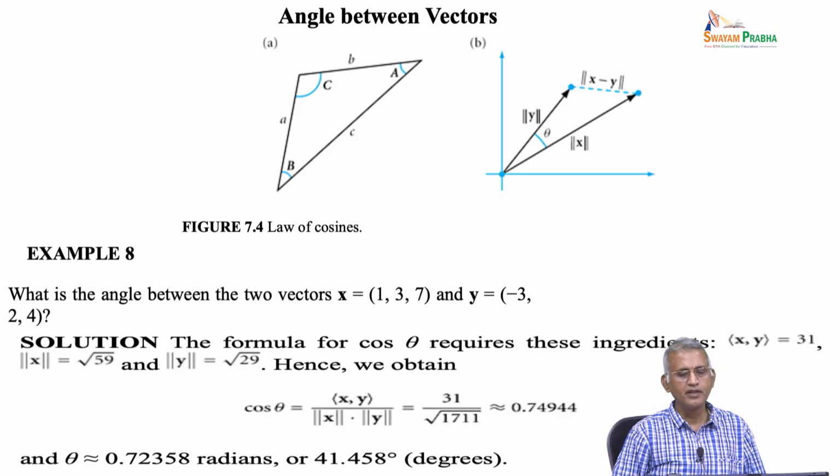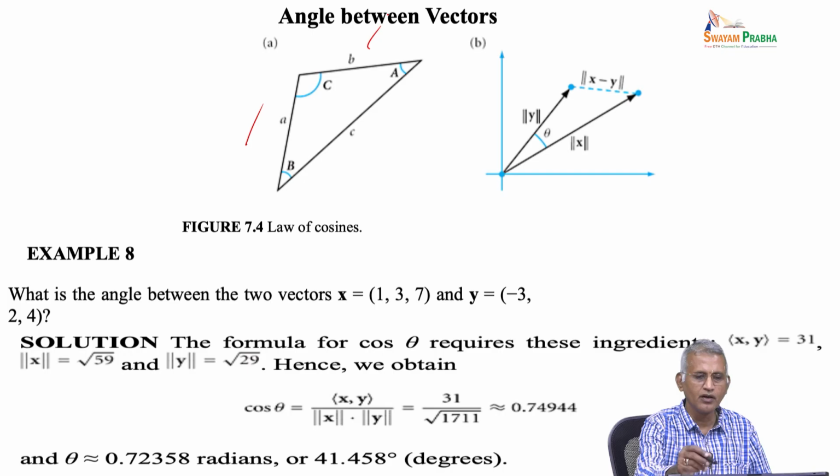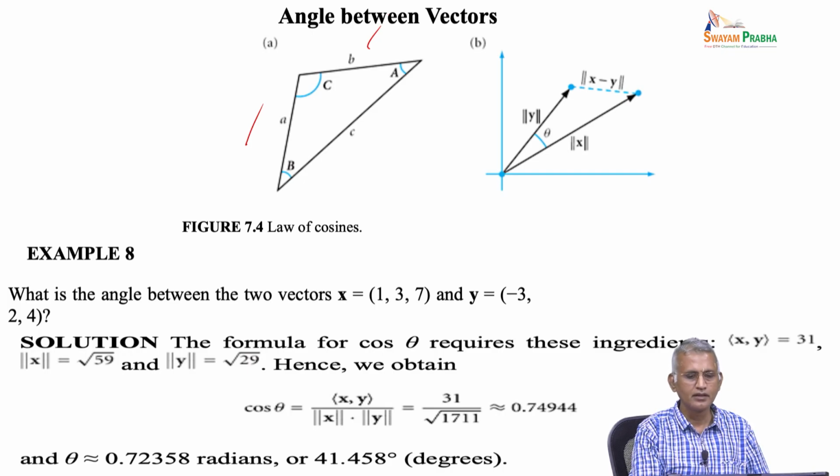Now, angle between the vectors. Suppose A and B are two vectors, how do we find the angle? Apply the law of cosines: cos theta equals A dot B by mod A mod B, that is, A dot B equals mod A mod B cos theta.